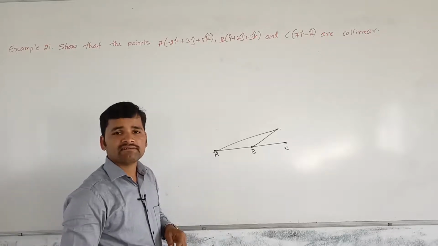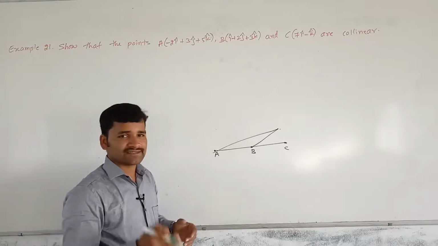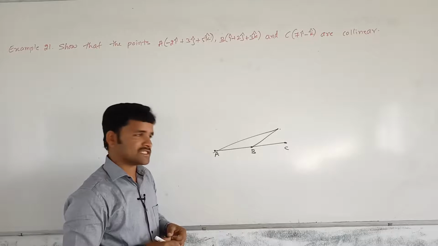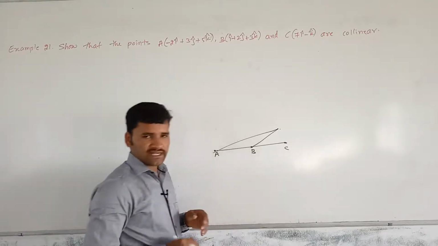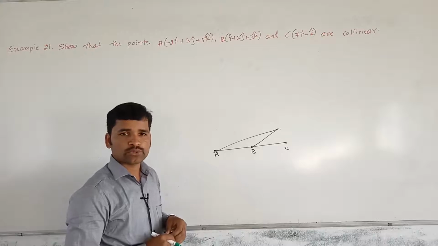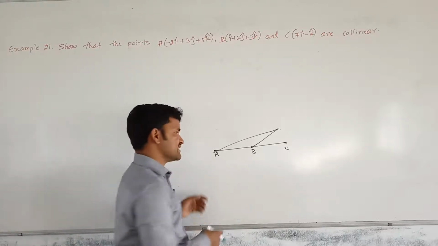What is the triangle inequality? The sum of 2 sides is greater than the third side. If the sum of 2 lengths is equal to the third length, then what happens? Then all are lying on a single straight line.